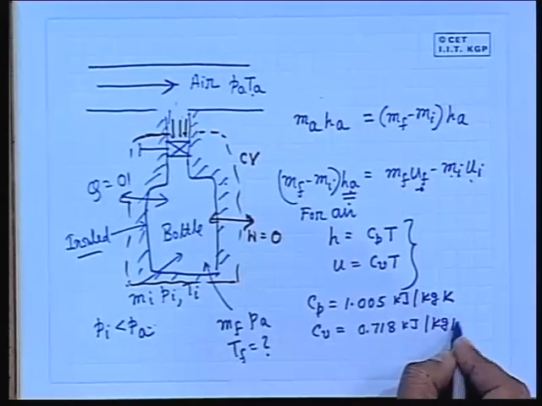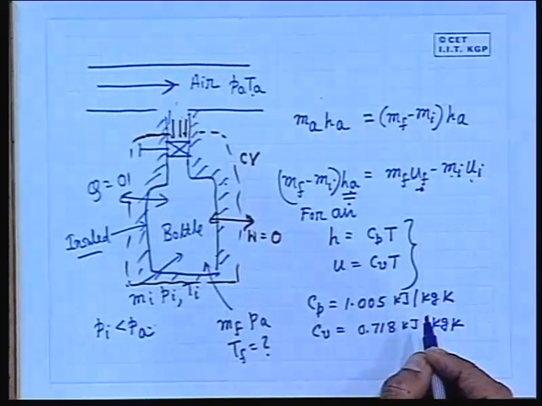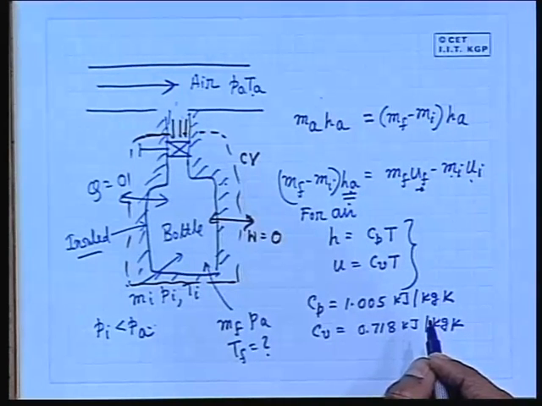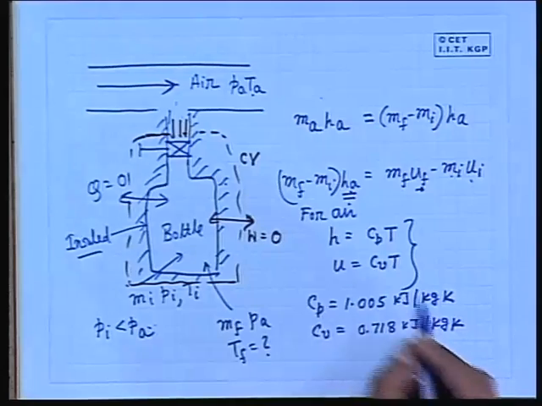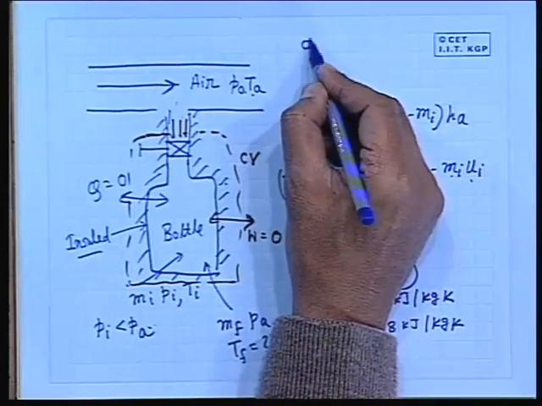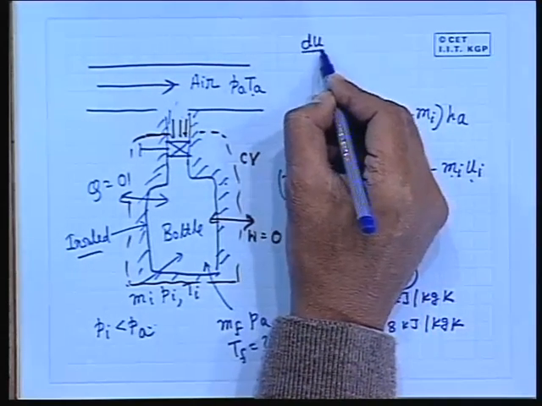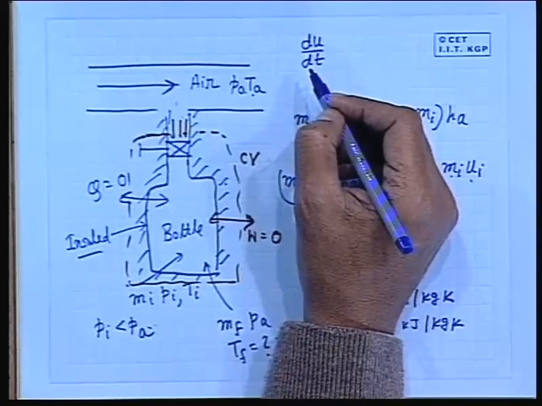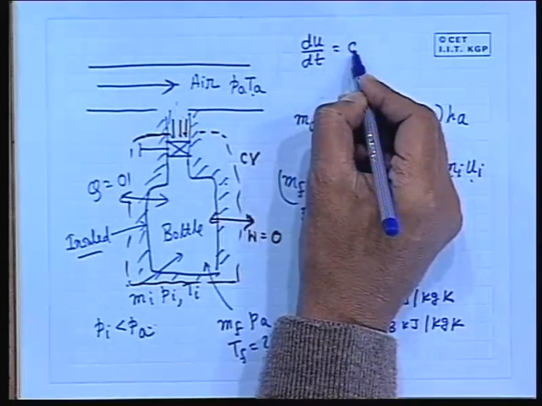This comes from the fact that for any ideal gas, internal energy is a function of temperature and enthalpy is a function of temperature. That means they are functions of temperature only, not of any other property. So one can write du/dt, because u is a function of temperature, there is no question of writing del u del t, is equal to Cv.